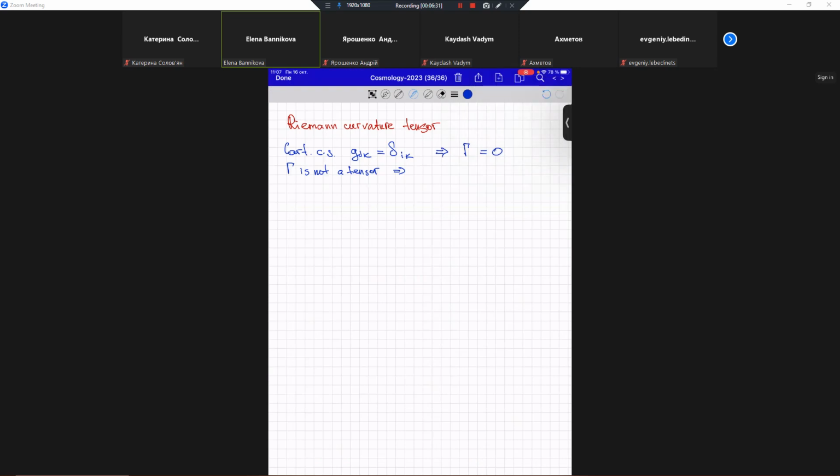So if we are in a flat space, or from the point of view of coordinate systems, we are in a Cartesian coordinate system, what do we know?